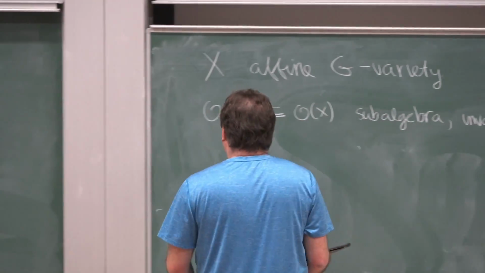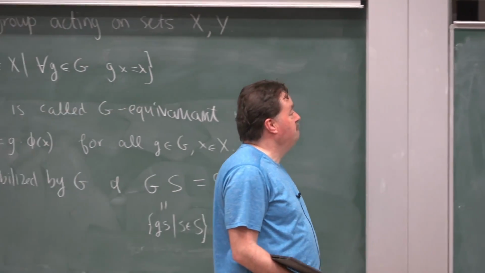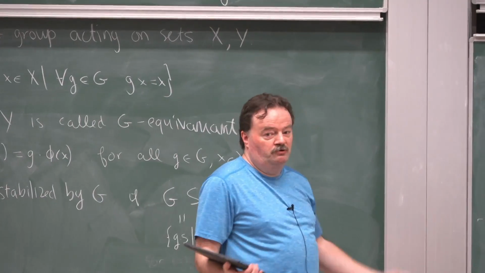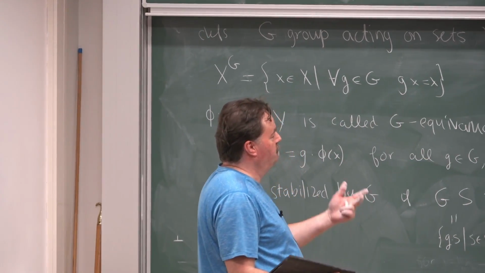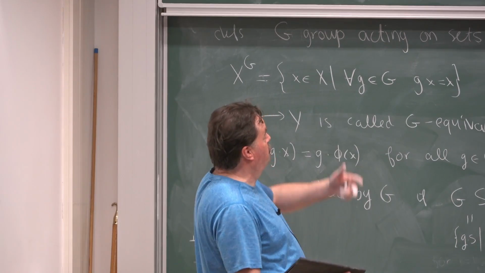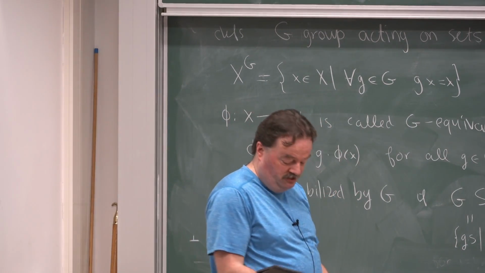Now, in all generality, it's not always finitely generated. And if it's not finitely generated, it goes a little bit outside the scope of affine varieties.